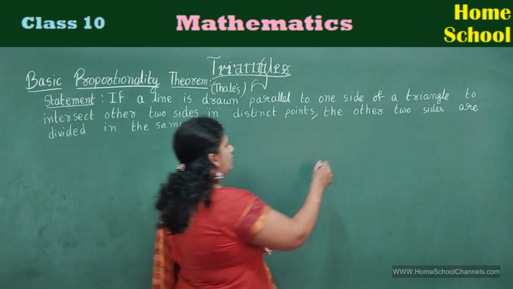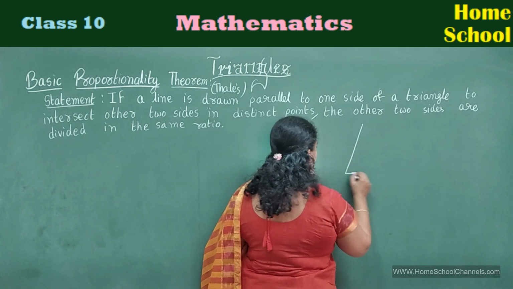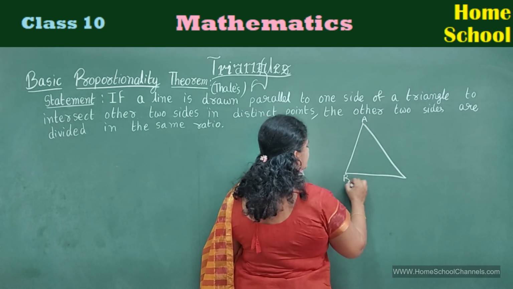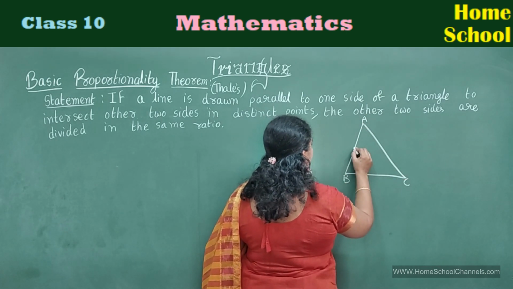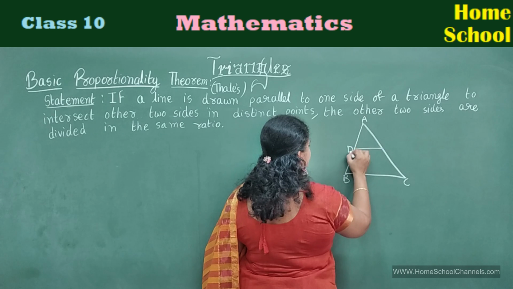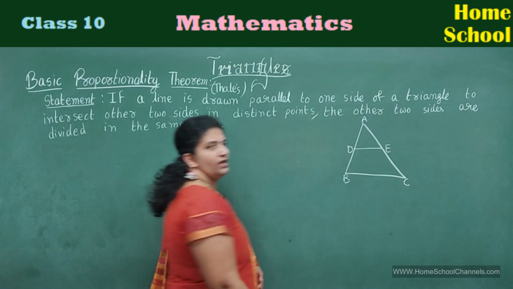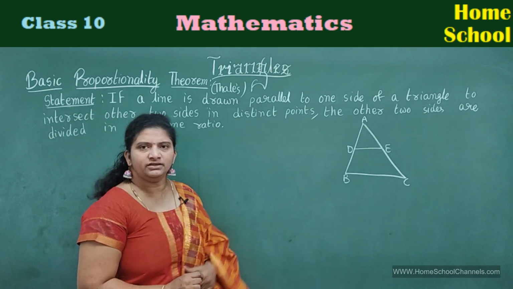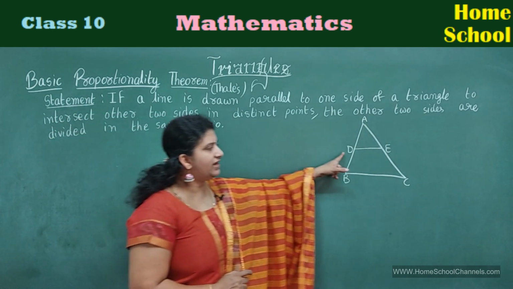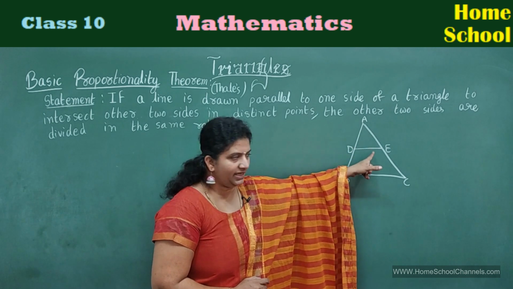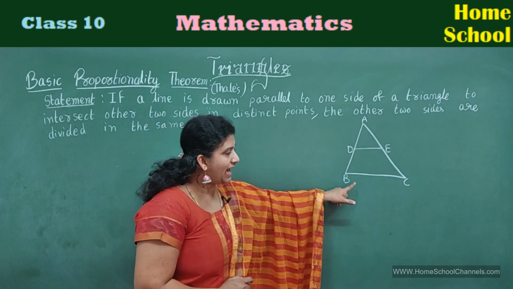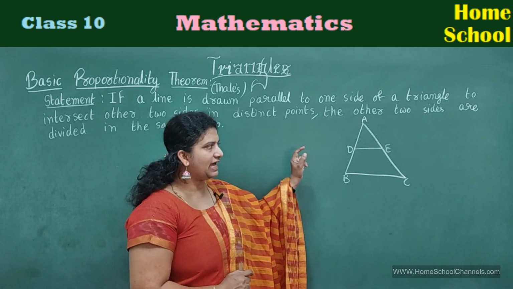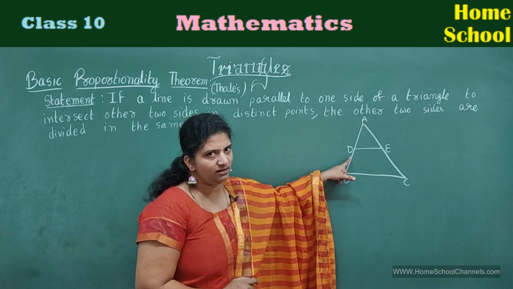Okay. So, to understand this theorem, let me draw a triangle ABC. Let me draw a line that is DE. Now, read the statement by observing the triangle. If a line is drawn parallel to one side of a triangle. What is the line here? DE is a line.